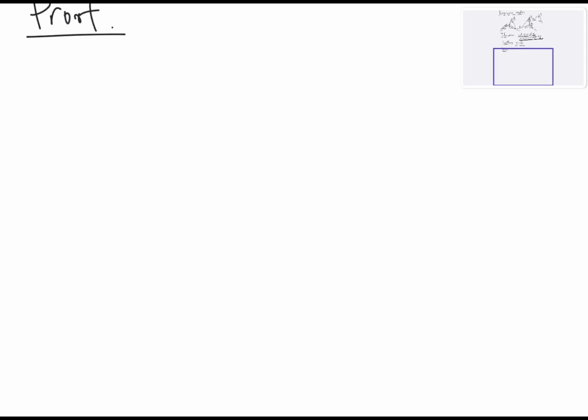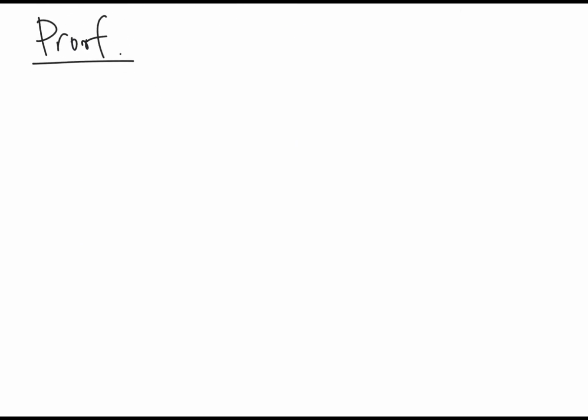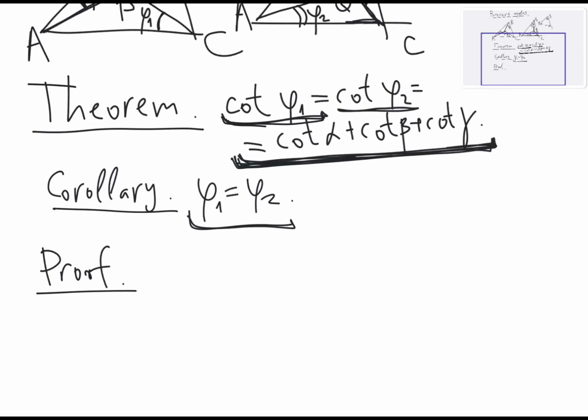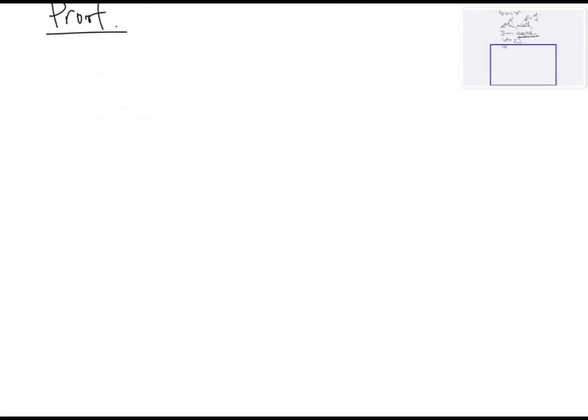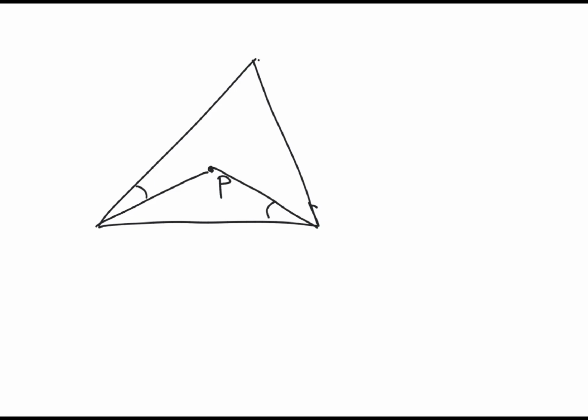So let's draw a picture. Now we'll prove it for phi1. We will prove that the cotangent of phi1 is equal to this expression. We have this triangle. We have this point P such that this angle is equal to this angle and is equal to this angle.